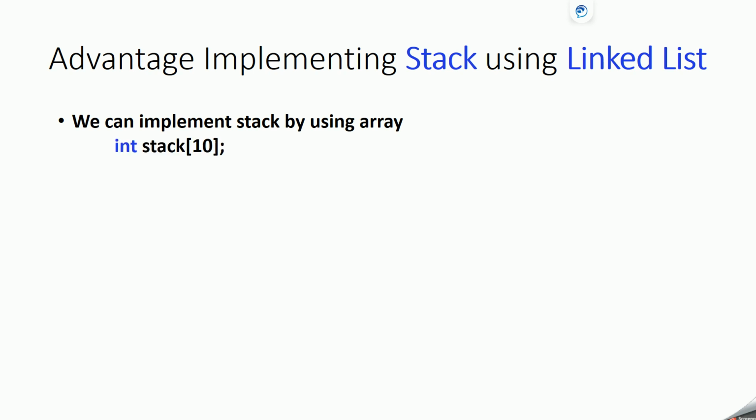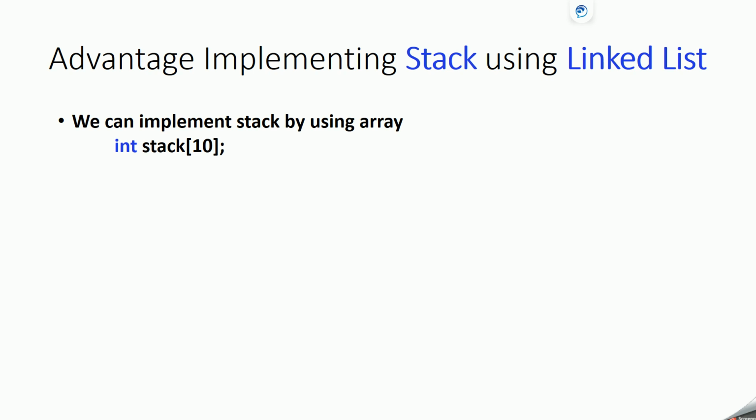You might think, why implement a stack using a linked list, when there is already a way to implement a stack using an array? The main advantage of implementing a stack using a linked list is that you can add as many elements as you want, that is, n number of elements. But if you implement a stack using an array, you have to give the size of the array.